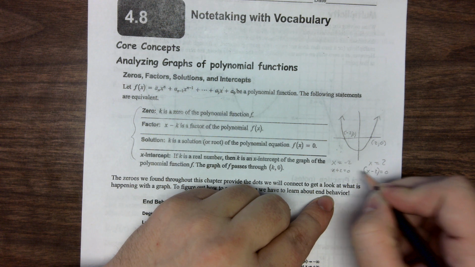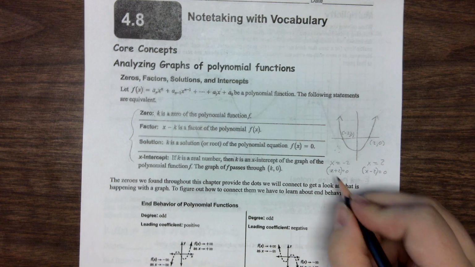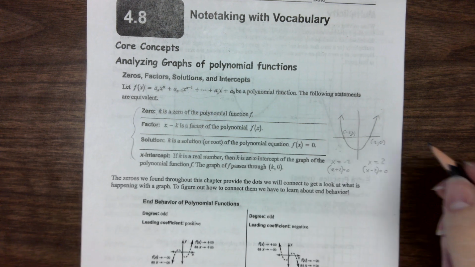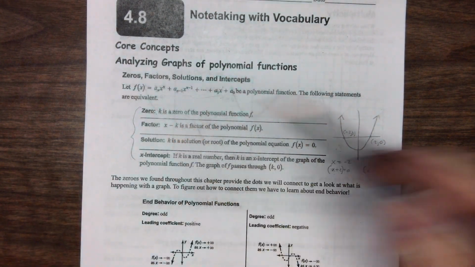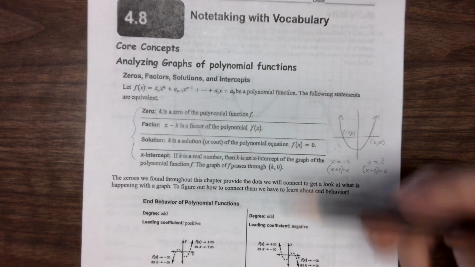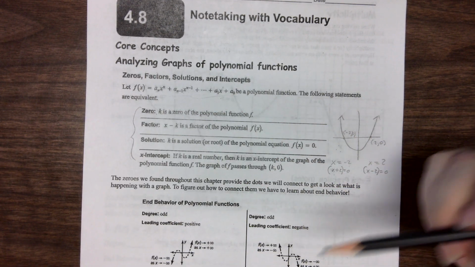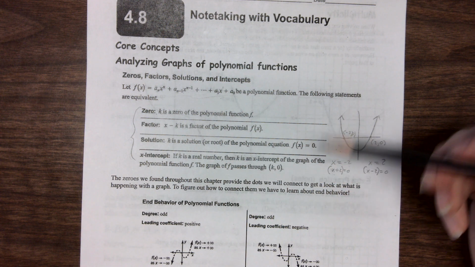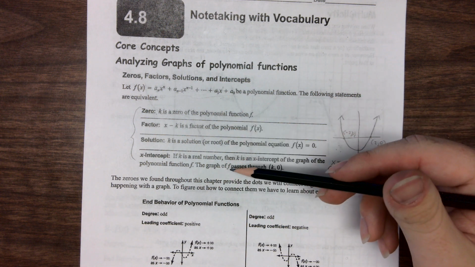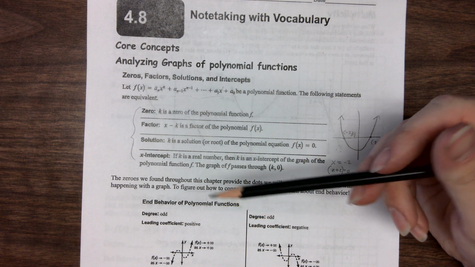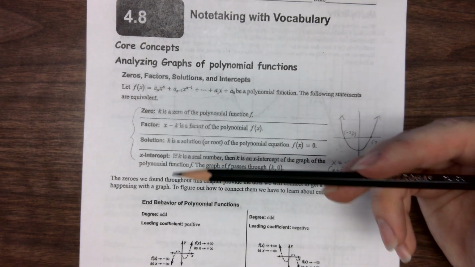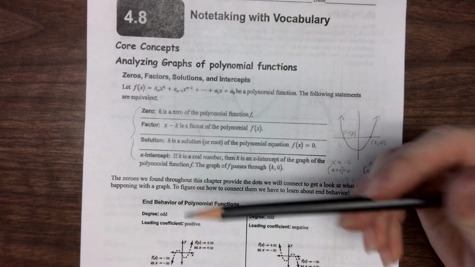So this x minus 2 and this x plus 2, those are going to be our factors. We're taking x minus some number k, which is the zero, the x-intercept of our graph. That's just to remind you what a root is, what a factor is, and what the solution for our problems is.